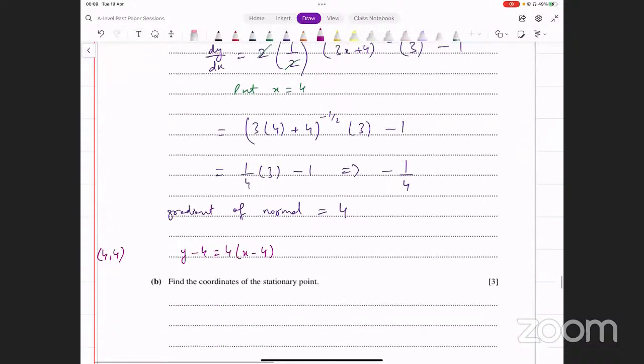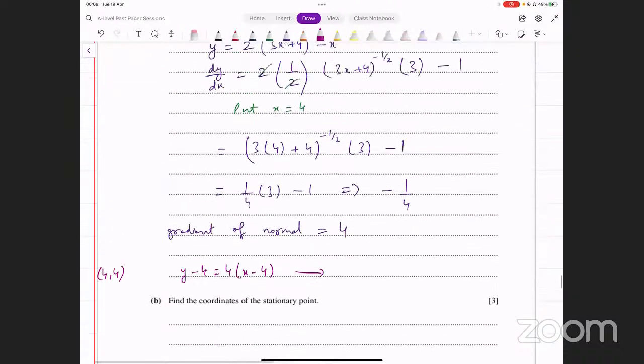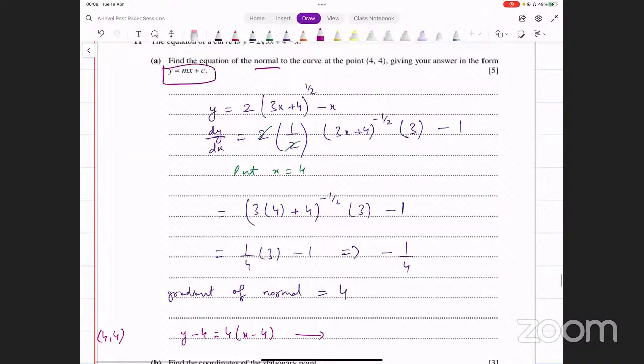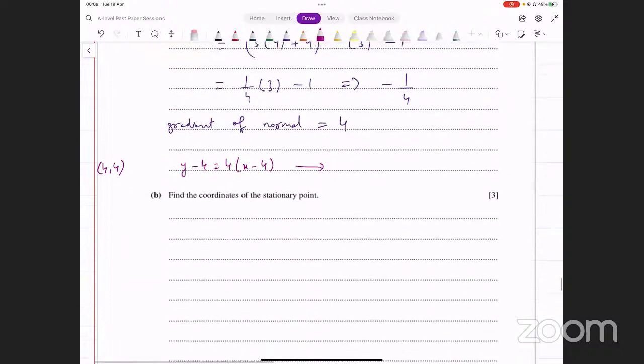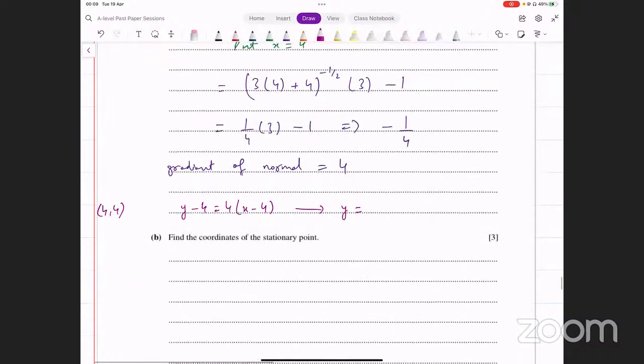But यहाँ पे उसने कहा है y equals mx plus c form चाहिए, तो आपको उसमें convert करना पड़ेगा. एक मार्क इसमें conversion का होगा. So what does this become now? Y equals 4x minus 16 plus 4. That is y equals 4x minus 12. And that's the equation that you're getting.